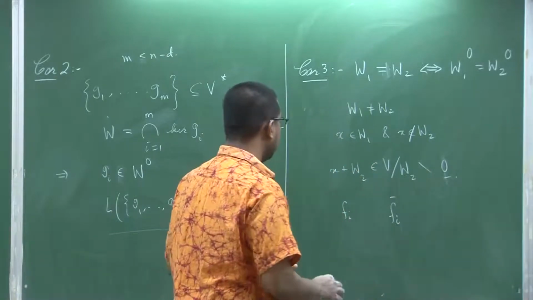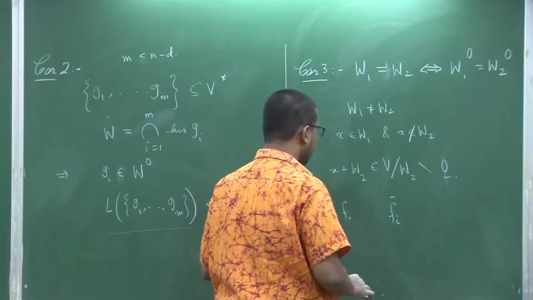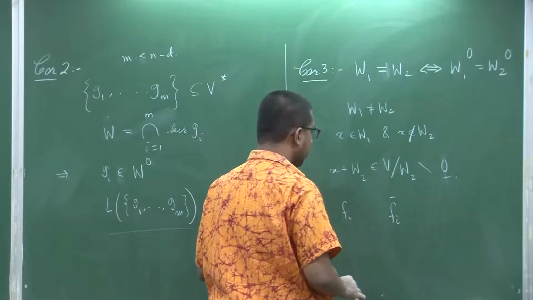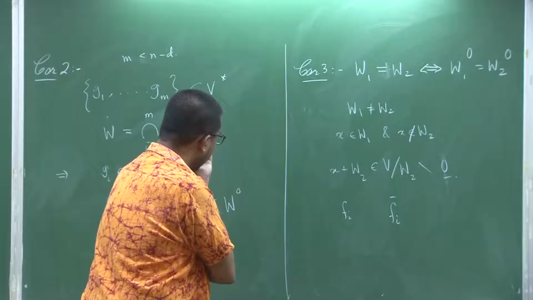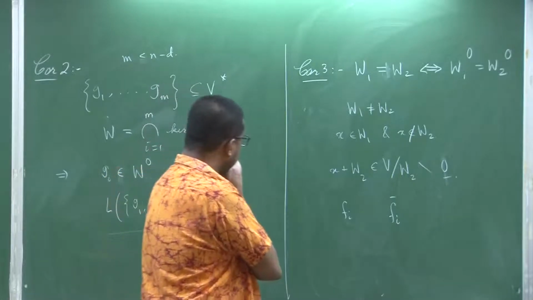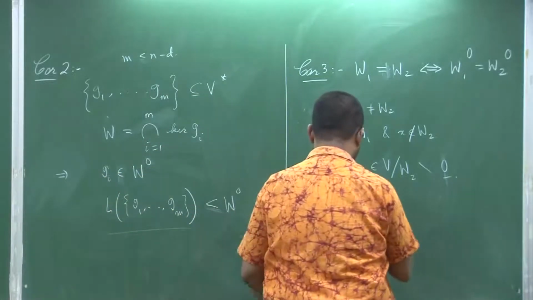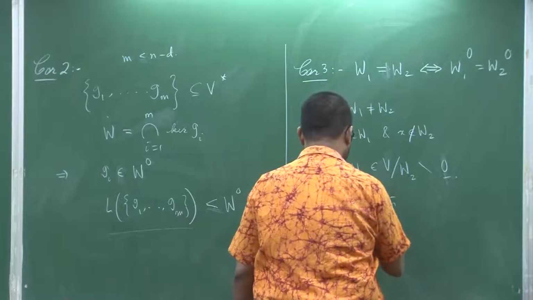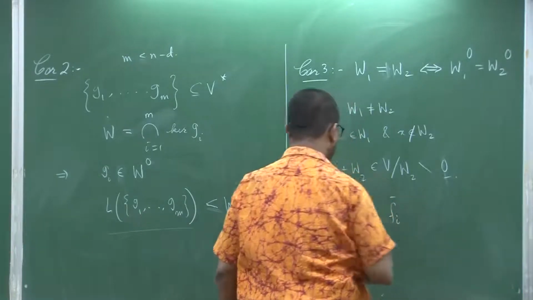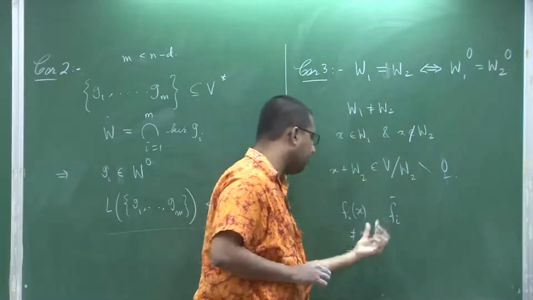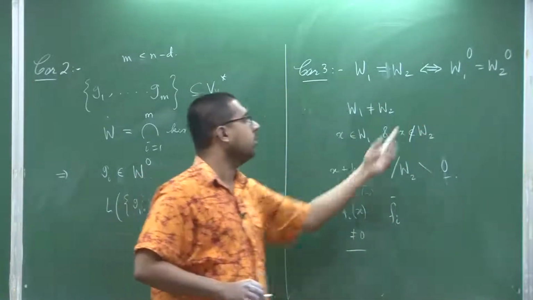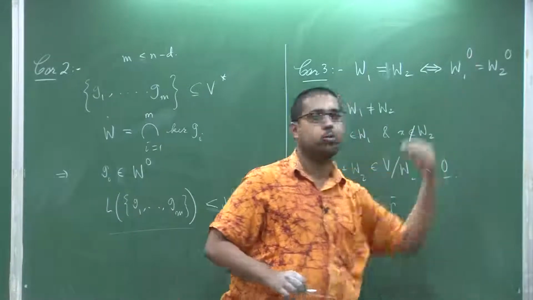So, what you find is this function f_i, and f_i of x is not equal to 0. Therefore, f_i does not lie in W1 naught, while it lies in W2 naught.